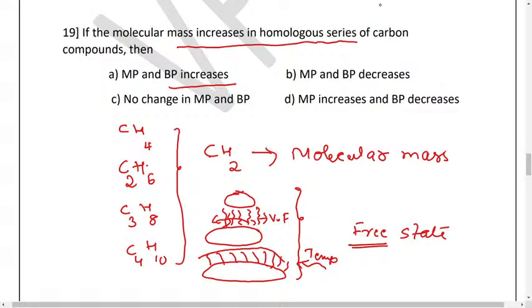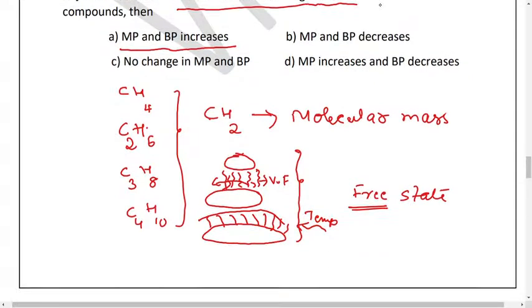As the molecular mass increases, melting point of the substance also goes on increasing. Therefore, the answer for this question is melting point and boiling point increase with the increase in the molecular mass. Hope you have followed this. Here the other options you can check, but the correct option here is option A. Melting point and boiling point increases.